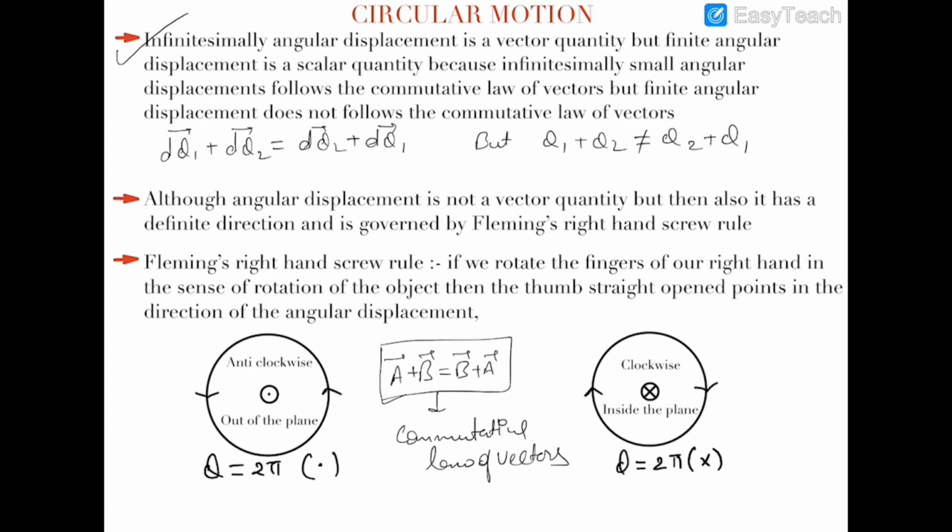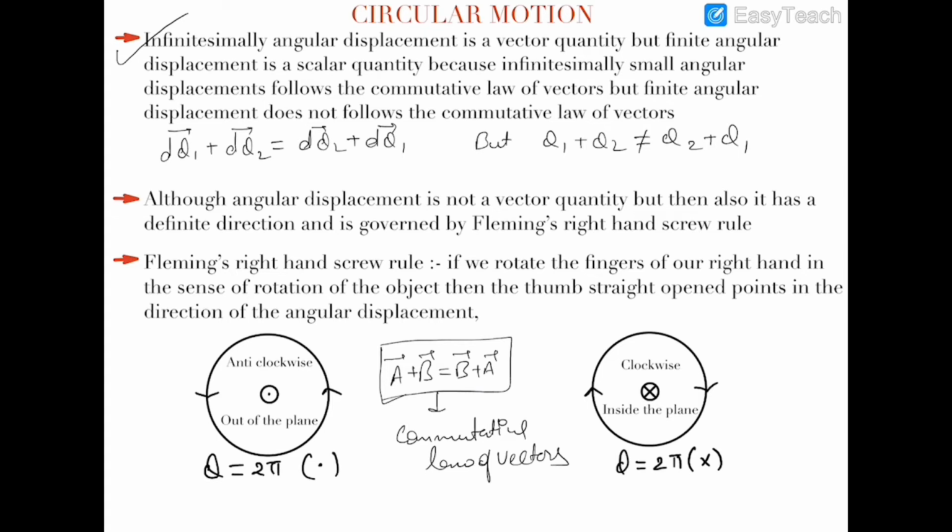Its direction is governed by Fleming's right hand screw rule. So just imagine that there is a particle which is revolving in a horizontal circle, and you are watching that particle from top, and it is revolving in the horizontal circle anti-clockwise. Now if you rotate the fingers of your right hand in the sense of rotation of the particle, that is in the anti-clockwise sense, and you point your thumb straight upwards, then your thumb will be representing the direction of angular displacement.